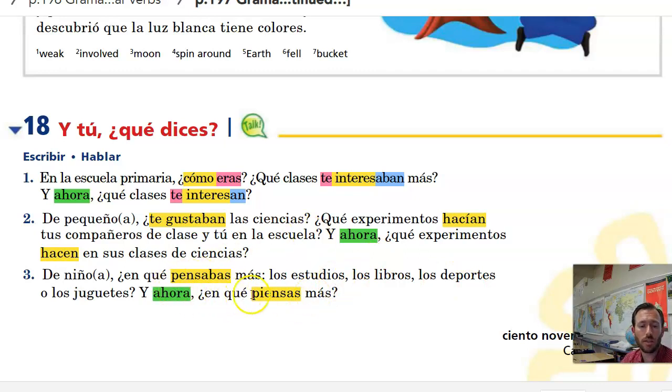Y ahora, ¿en qué piensas más? And now, what do you think about the most? Ahora, yo pienso, right? Present tense. O, as, a, amos, an. Ahora yo pienso más en los estudios. You can pick whichever one fits for you.